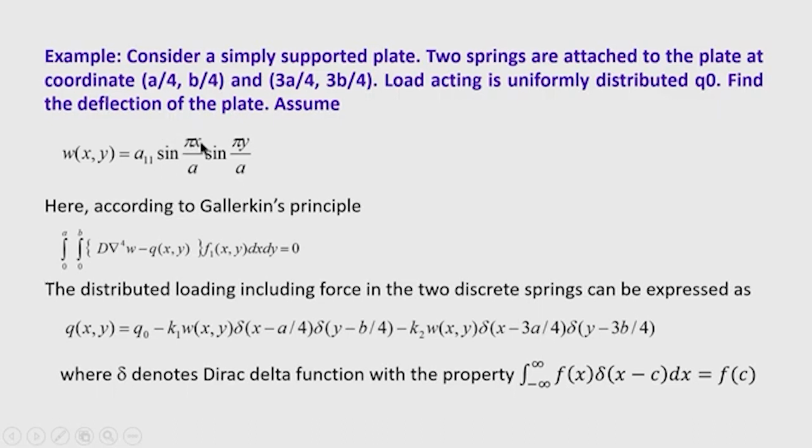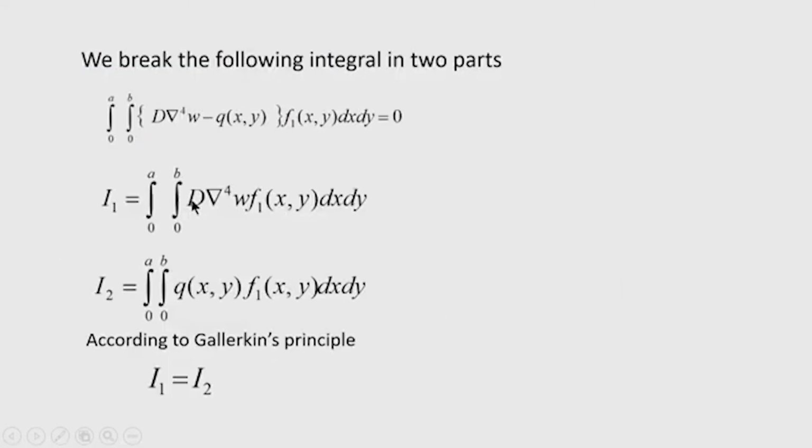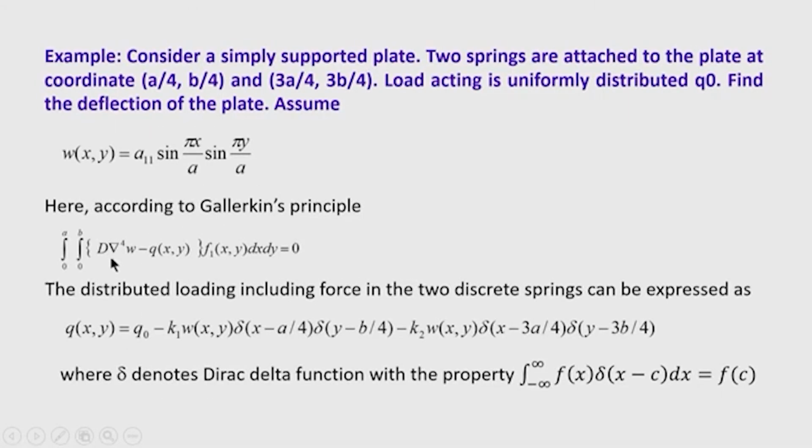But this function sin pi x by a, sin pi y by b completely satisfies the boundary conditions of the plate, that is the deflection at the edges is 0 and the bending moment at the edges is also 0. Now, here according to Galerkin principle we can write the integral of del 4 w minus q x y into f 1 x y dx dy equal to 0, that is after integration we equate to 0.